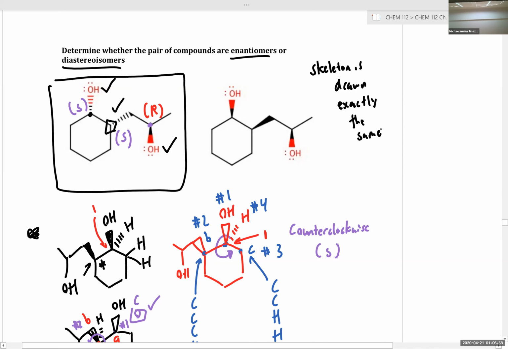Then when we go from a dash to a wedge, what would be the configuration for that alcohol? Instead of S, it would be R, exactly right. But this is only valid if the skeletons are drawn exactly the same, okay?